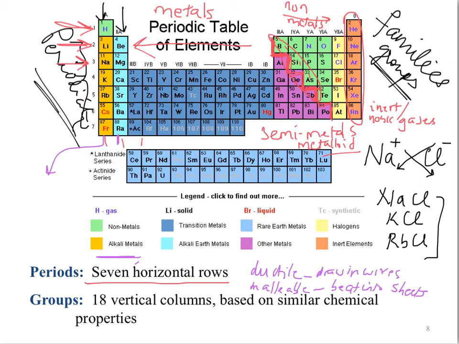In addition to that, all metals are good conductors of heat and electricity because they have mobile electrons. And finally, all metals should be able to lose electrons significantly easily. They don't typically like to gain electrons. On the other hand, nonmetals would like to gain electrons.